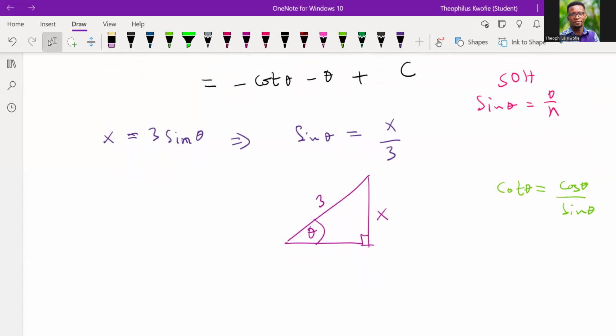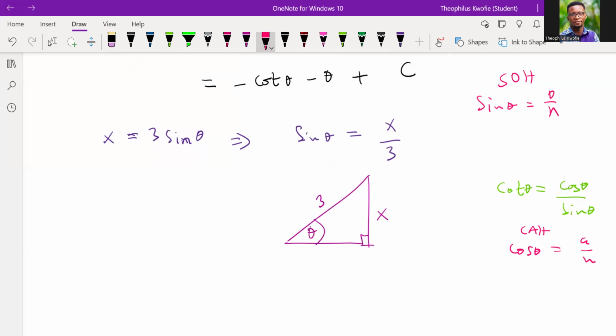Remember that we already have our sine, but we don't have the cosine. Cosine theta is adjacent over the hypotenuse. We don't have the adjacent, so we need to find it.